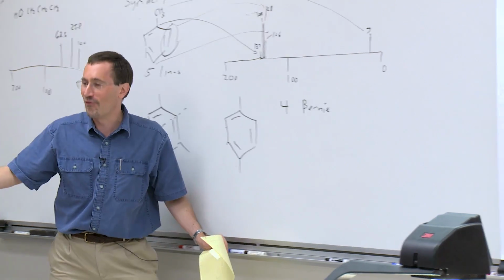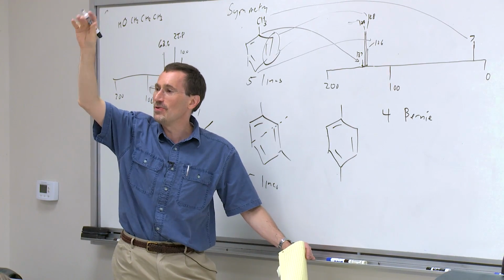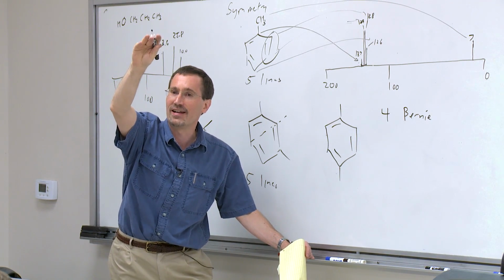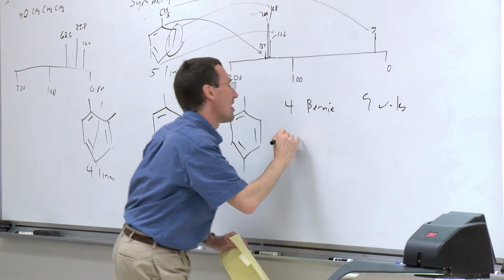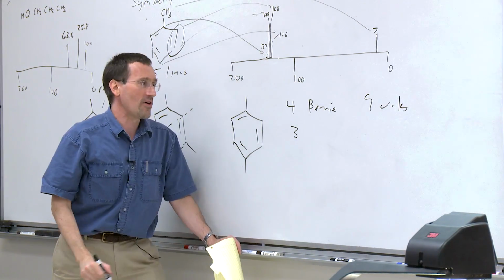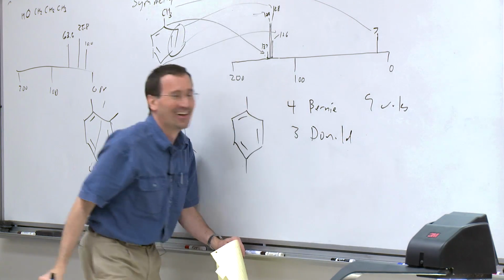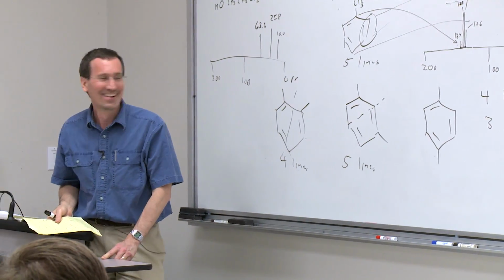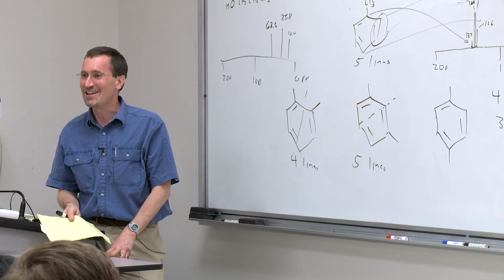How many people for 4? 1, 2, 3, 4, 5, 6, 7, 8, 9. 9 votes. All right, how many people for 3? We'll call it Donald. How many for 3? Nobody?